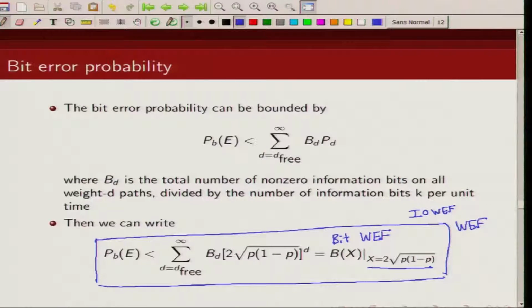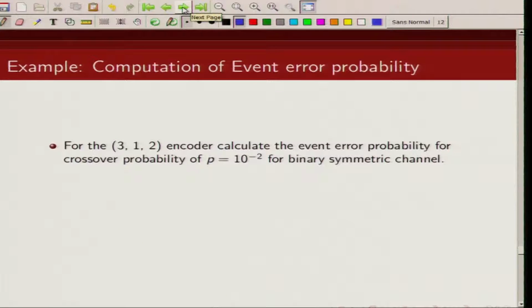Okay. Let us just take an example to illustrate this. So, let us consider the same encoder that we have considered. It is a 3 1 2 convolutional encoder, a feed forward encoder, and what is given to us is the crossover probability is 0.01. You are asked to compute what is the event error probability.